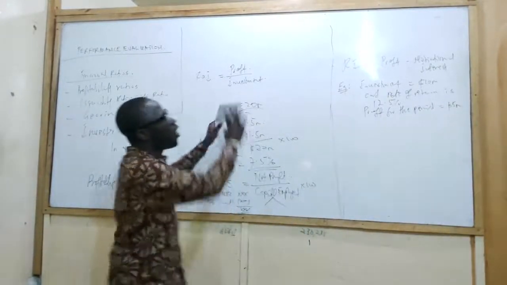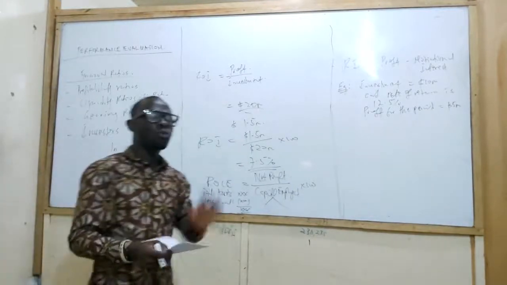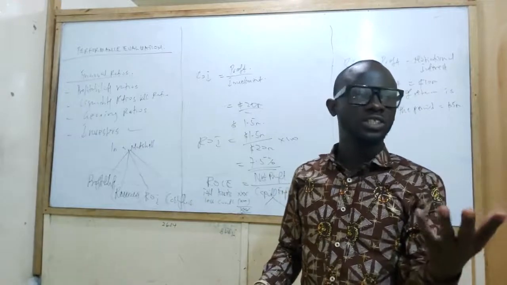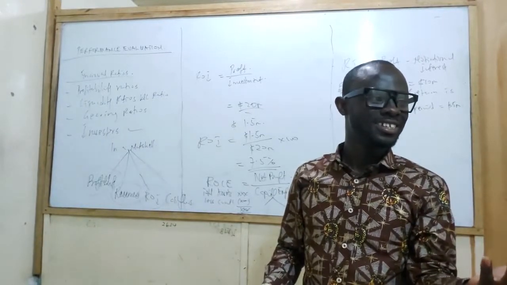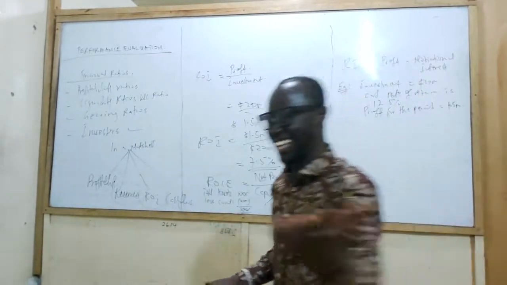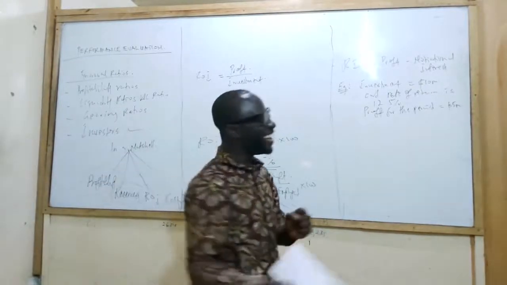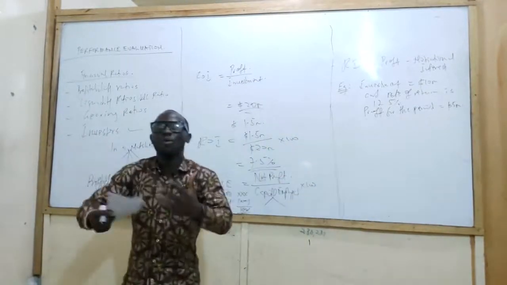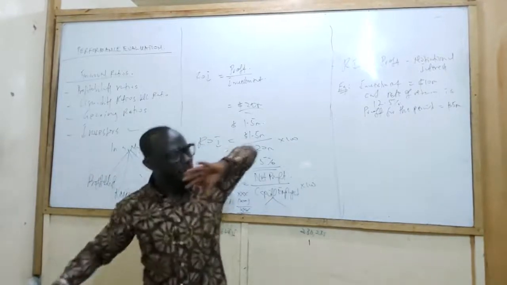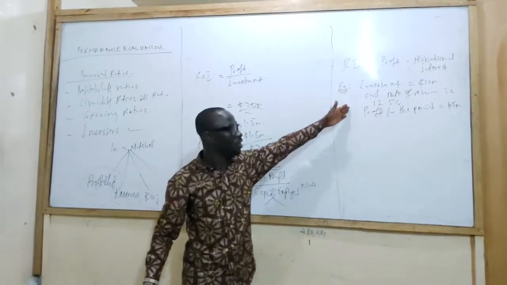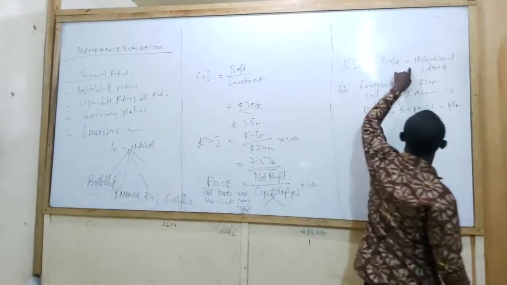The question is, what will be the residual income? What does residual mean? It is the profit that will be left after we pay the providers of finance. That is the residual income, so it is profit minus notional interest.